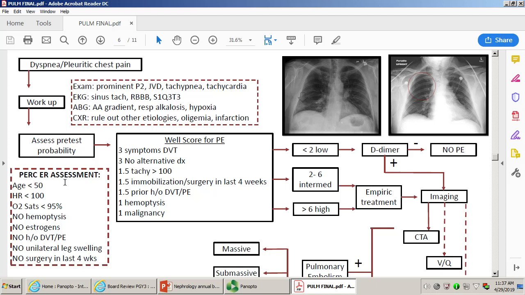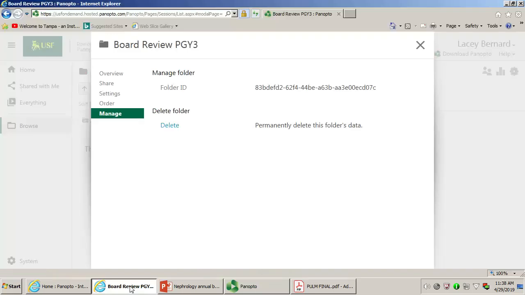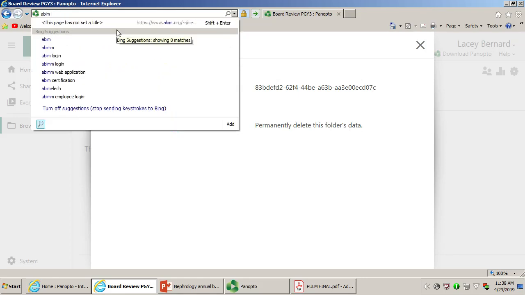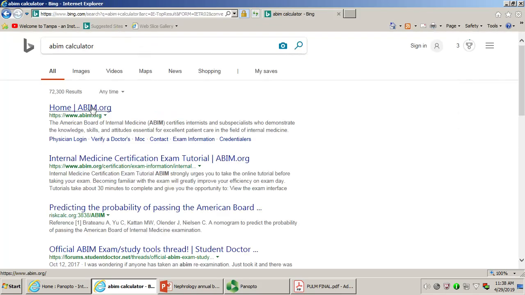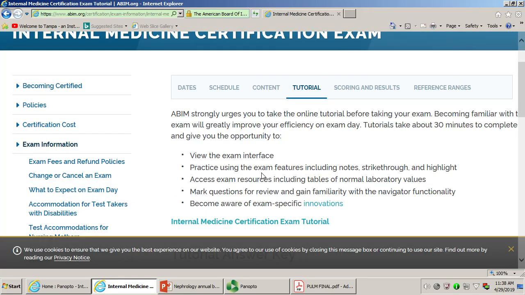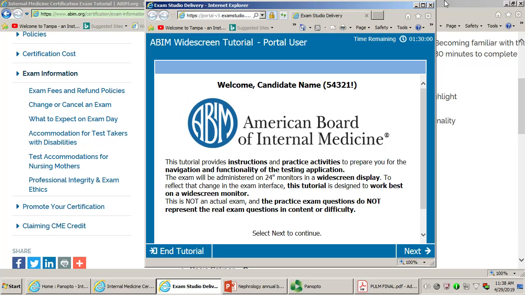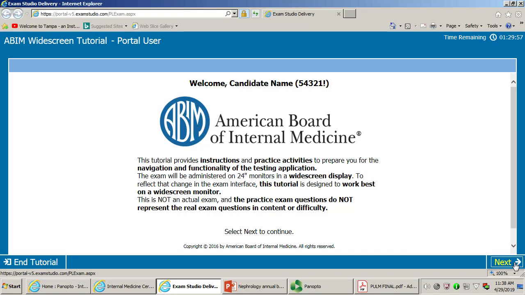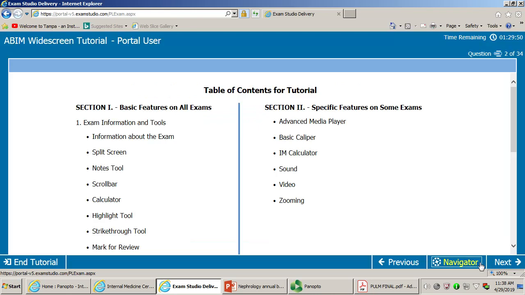Does everybody know about the calculators on the boards? Where are these? Okay, let me show you. I don't know what the calculator looks like. I'll show you the calculator because it's amazing.